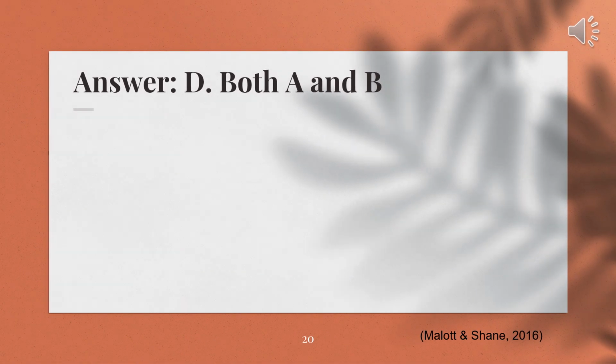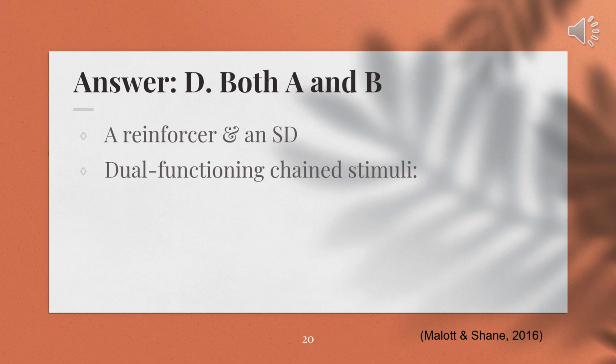The answer to the previous question was D, both A and B. The light was a reinforcer for chain pulling, and it was an SD for pressing the lever. The technical term for this is dual functioning chain stimuli.